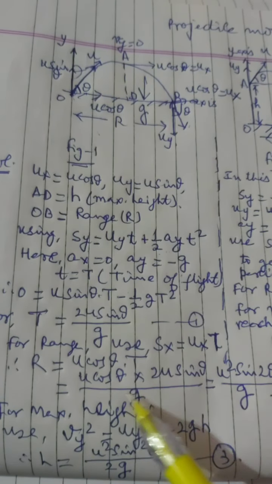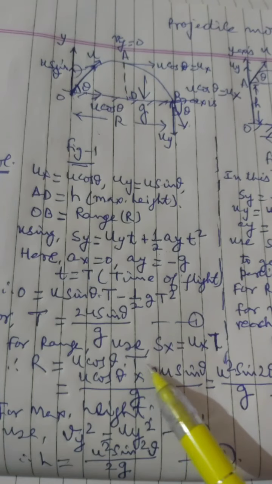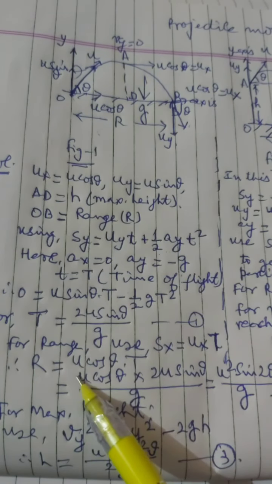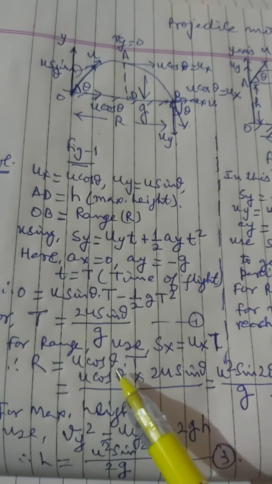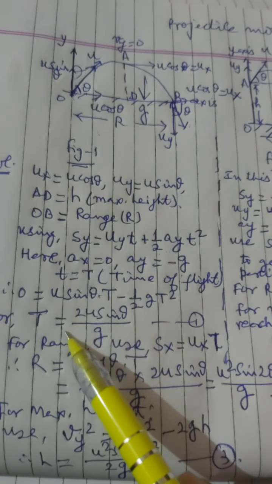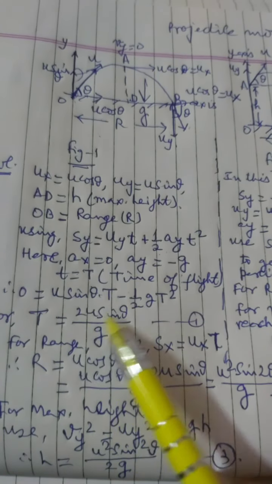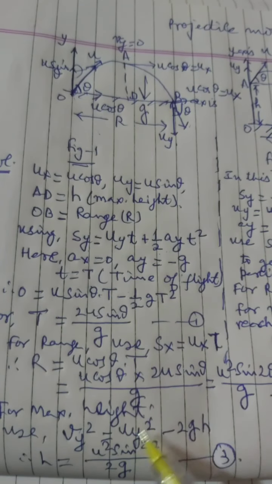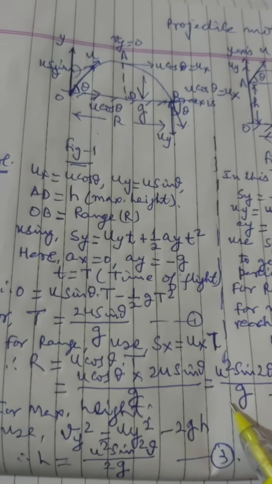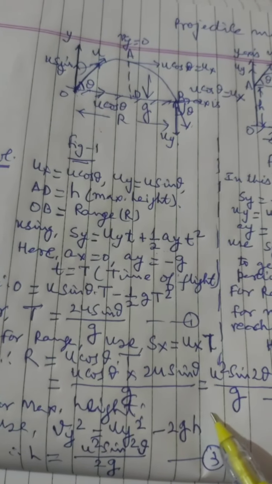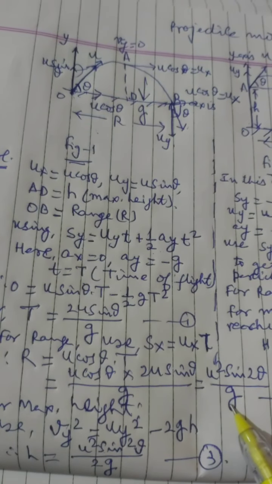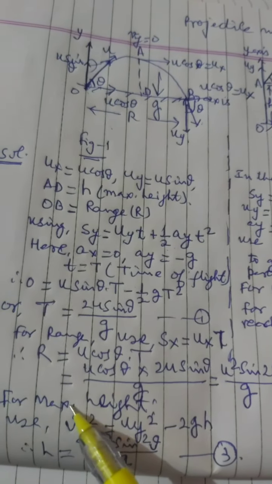So put the value and you will get R, the horizontal range, u cos theta multiplied by time of flight 2u sin theta upon g. So multiply it and you will get u square sin 2 theta upon g. This is the range of projectile.